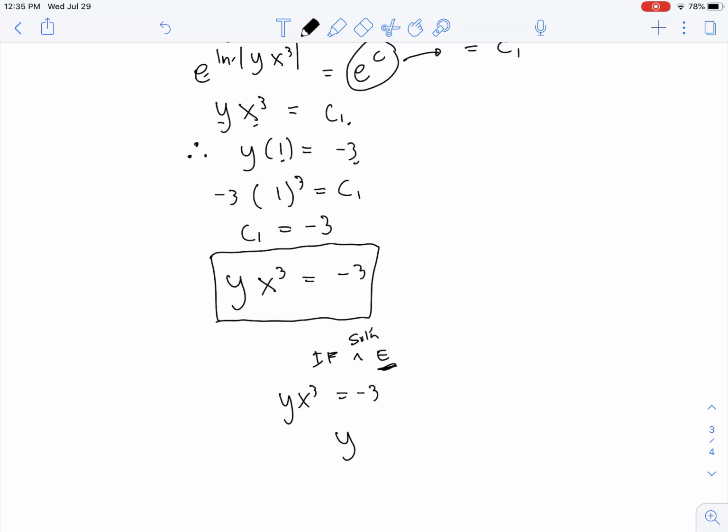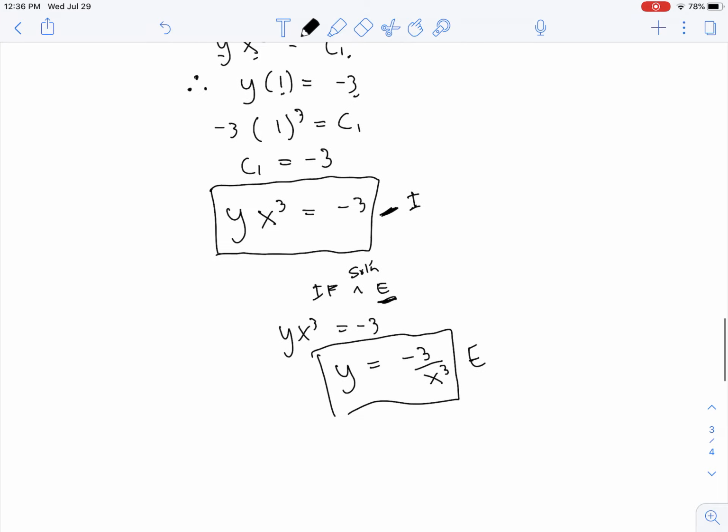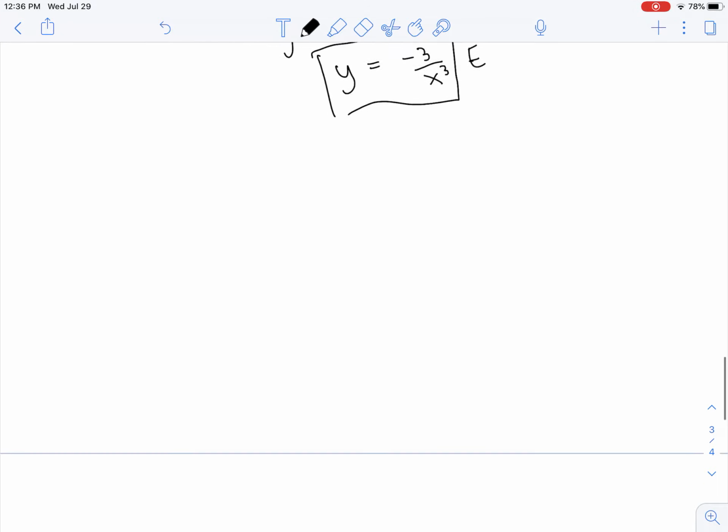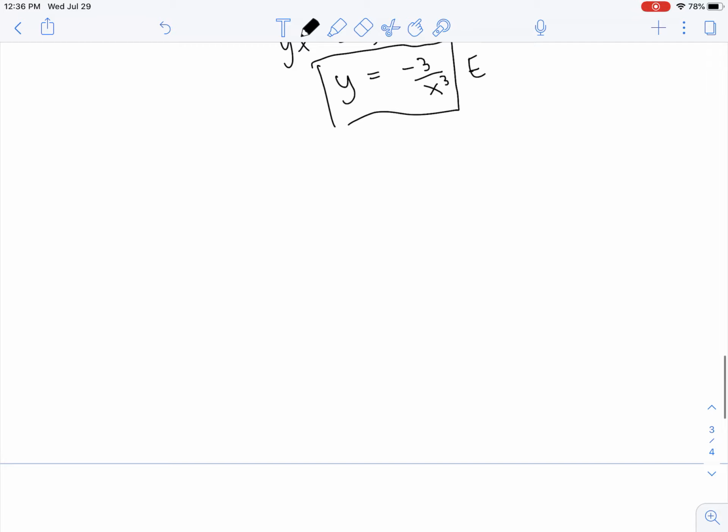May mo ning y is equals to negative 3 over x cube. So mo na ni ang explicit na solution. Then kaning tuang solve kaniya mao ni ang implicit na solution. Okay? So depende na sa kung saan required. Okay? So let's proceed with example number 3.